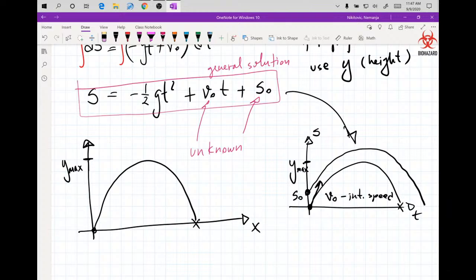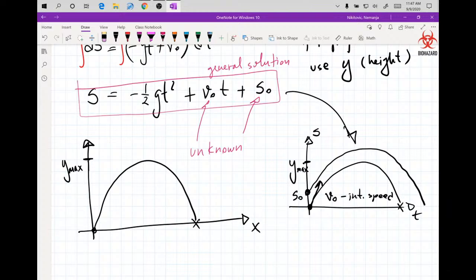Once you have those two numbers, this solution becomes a particular solution because it pertains to the situation you're in. This is the person's height. This is the height from which he tossed the ball. This is how fast the ball started moving. Gravity is a constant, right? Whether you want to use imperial or metric, and you have the particular solution.